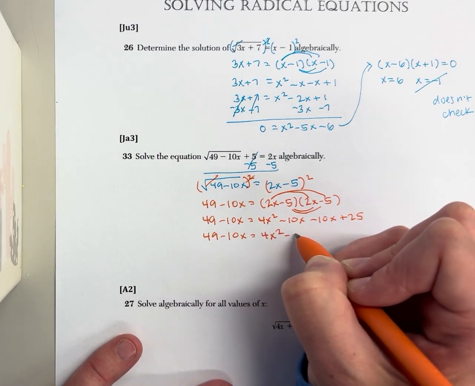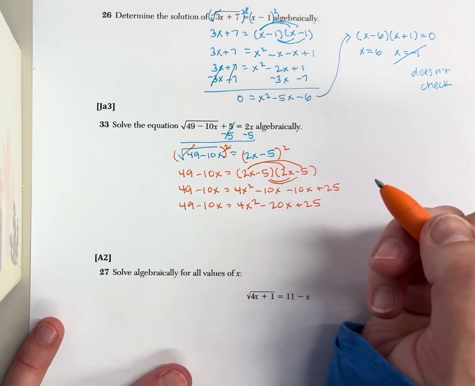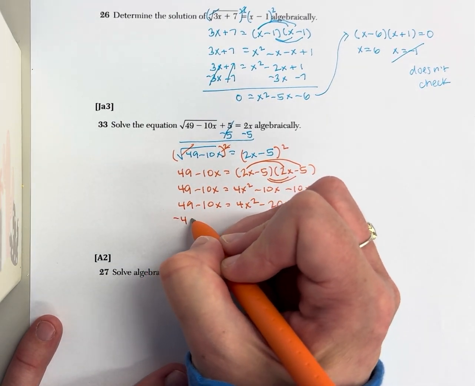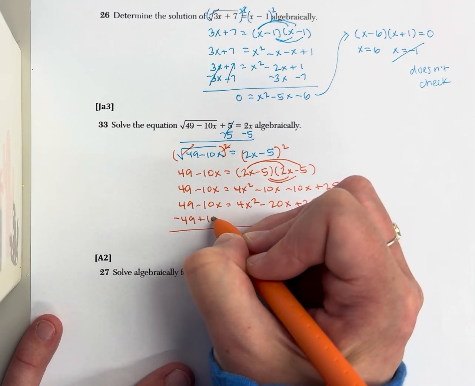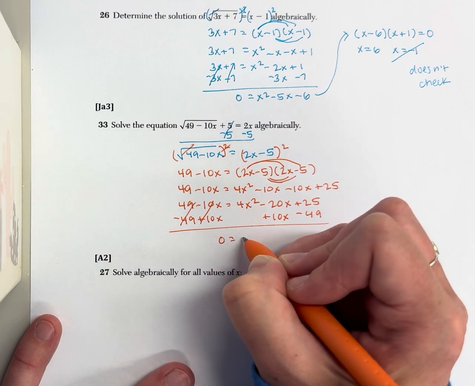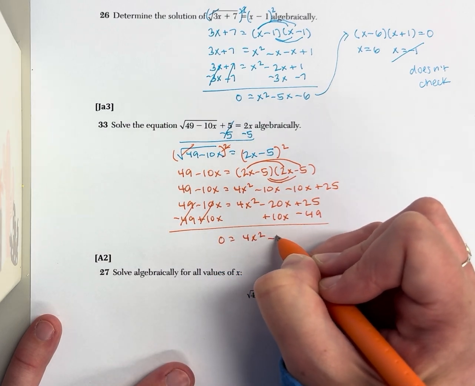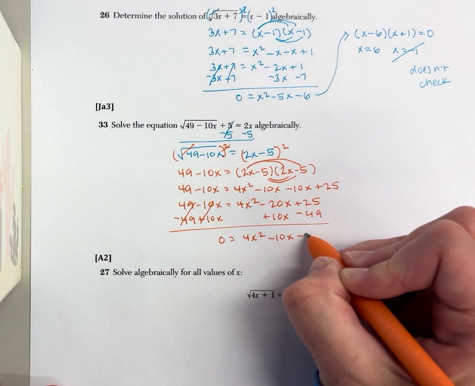4x squared minus 20x plus 25. Got to set this equal to 0. So minus 49, minus 49, and add 10x. So we've got 4x squared minus 10x, and then 25 minus 49, negative 24.